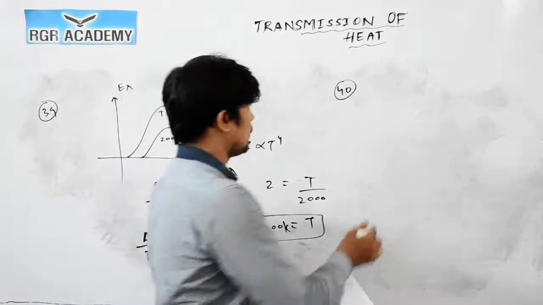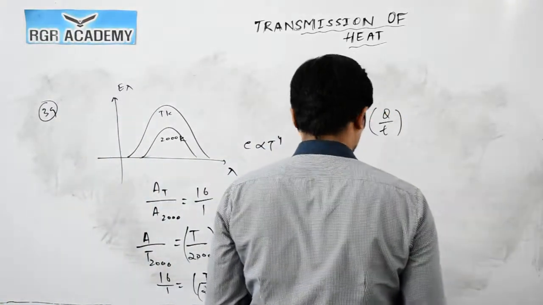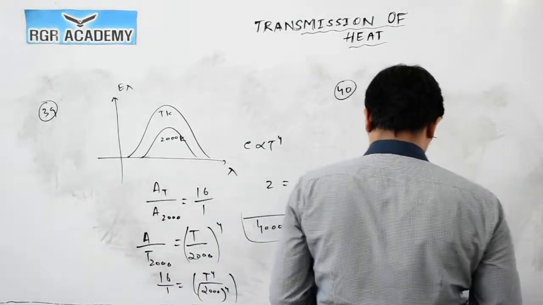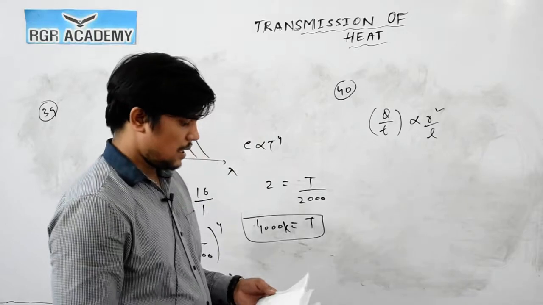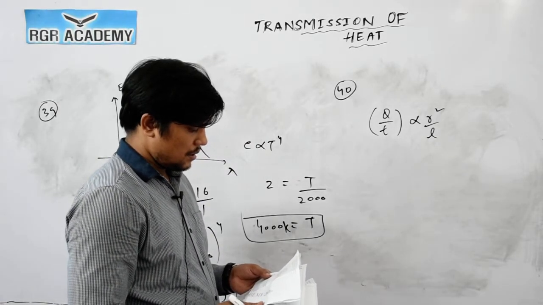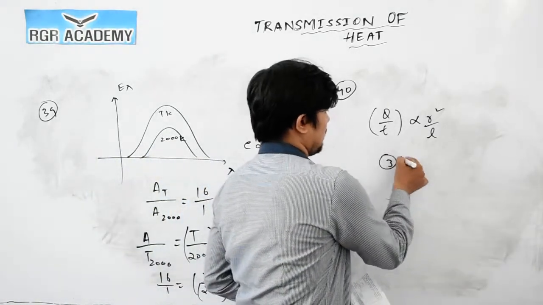We know that the rate of heat flow Q by t is proportional to r square by L. So we have to see from the options for which one r square by L is maximum. For the third one, so the third option is correct for question number 40.